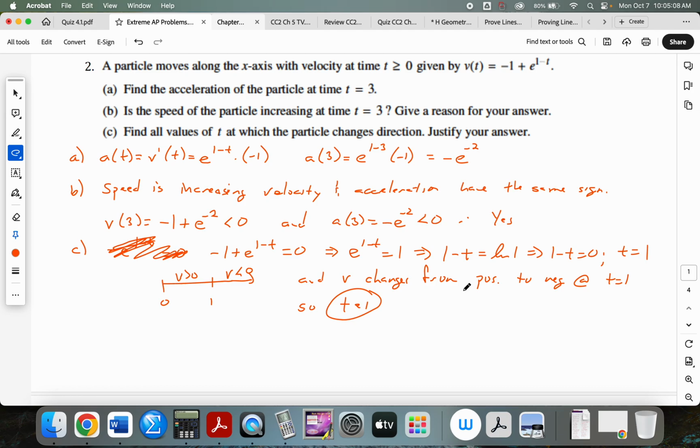Right, it's the same sort of thing when you're finding a point of inflection. When you're finding a point of inflection, you must show that the second derivative changes from positive to negative or negative to positive. Just finding a point where the second derivative is 0 is not sufficient.